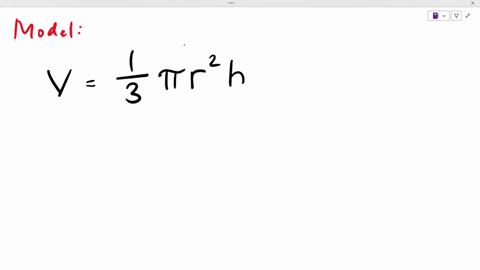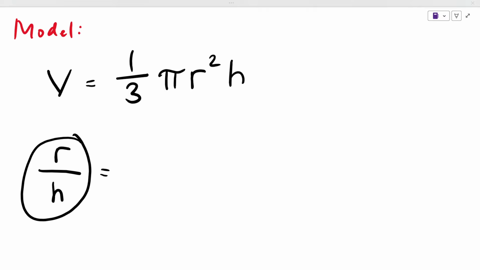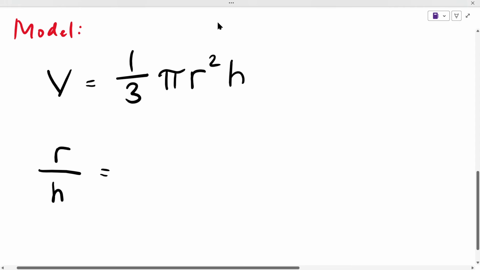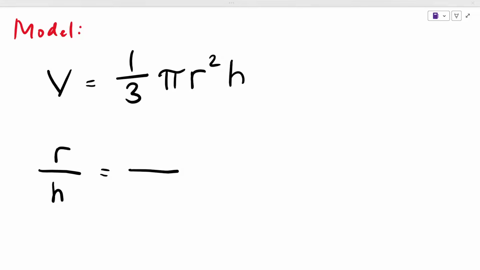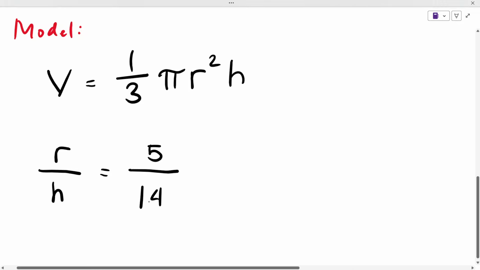From here, the radius over height of the water level is having the same ratio with the original dimensions of the cylindrical tank, which is 5 radius and then 14 feet height.